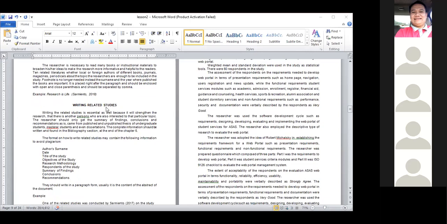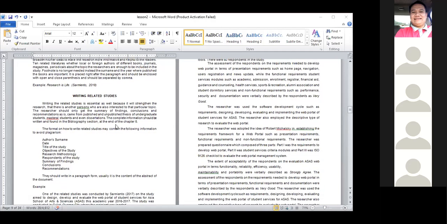Okay, so in writing naman the related literature or related studies, they came from unpublished or published theses, dissertations, or research, as long as they are related to your present study, so you can get them.